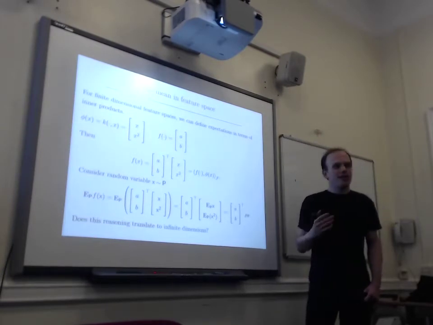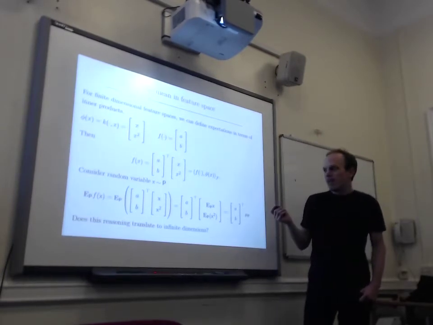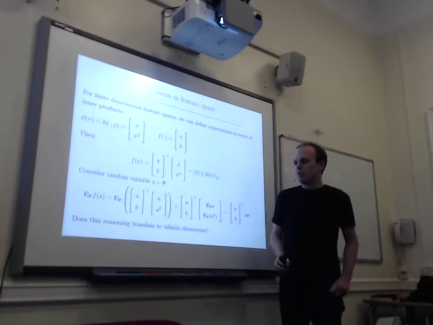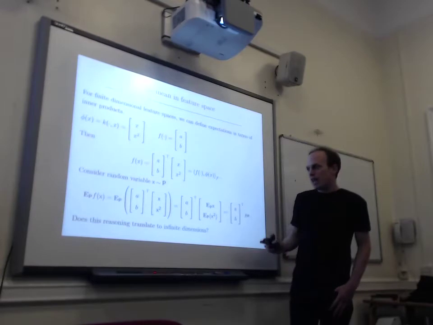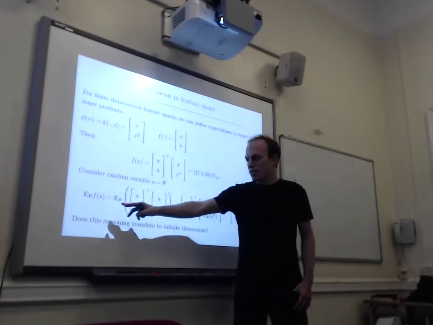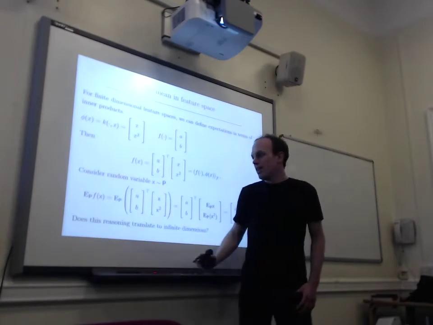So now, what does this mean? Let's say that you have a random variable drawn from some distribution p, and you want to take the expectation of some function in the RKHS of this random variable. What does that mean?